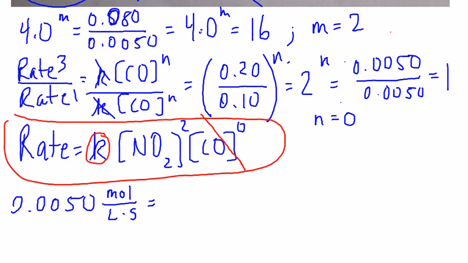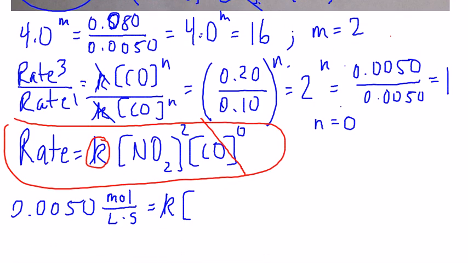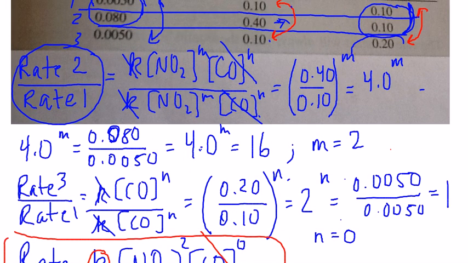And that's equal to our unknown K times, back in this scenario here, NO had a concentration of 0.10, and now we know that it's raised to the second power. We don't have to put in the information for the CO because raised to the 0 power, it's just a 1.